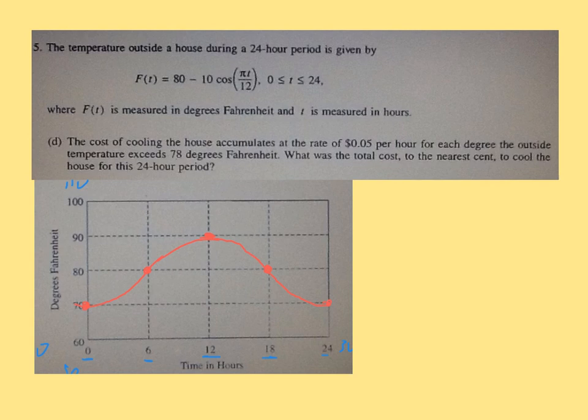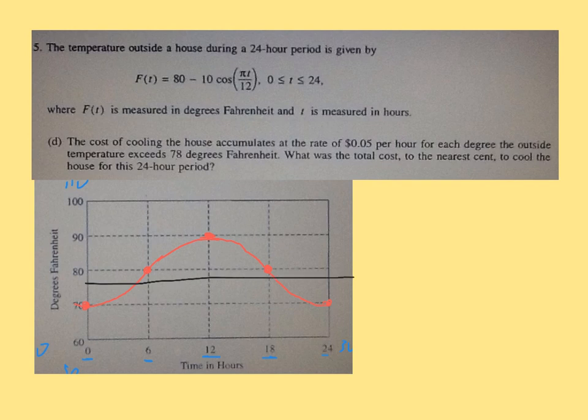So this is our graph. We actually added in that 78 degrees in there. And what we're saying here now is for all of this, it is going to be 5 cents. So again, let's think. I'm going to get rid of that little bit. Let's show that one more time.